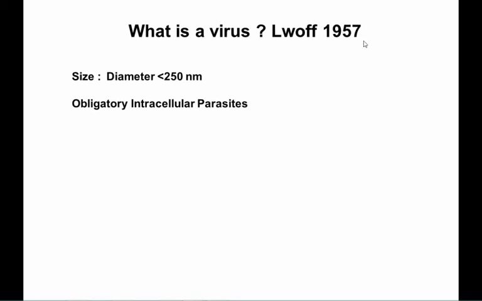Then he started to look at something that tells us about what viruses are and how they replicate. The first observation is that they are obligate intracellular parasites. That's their mode of existence.